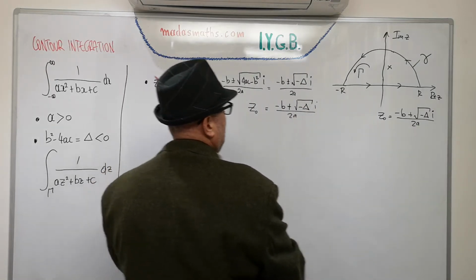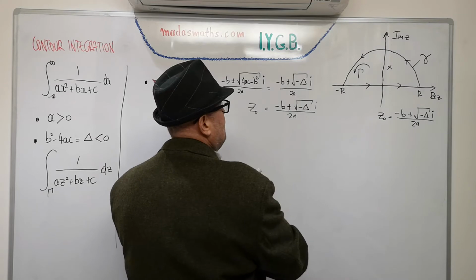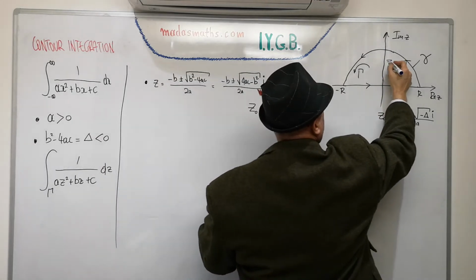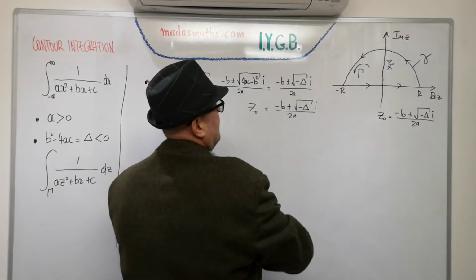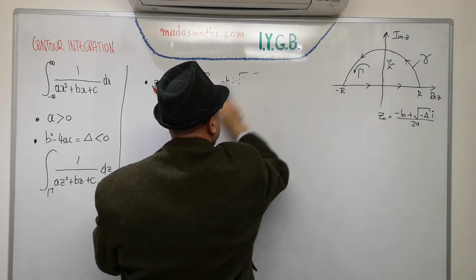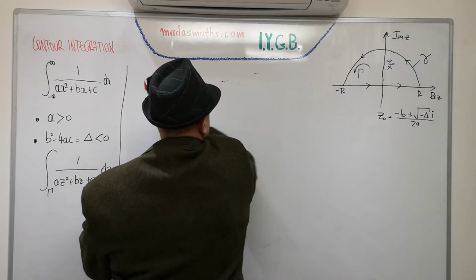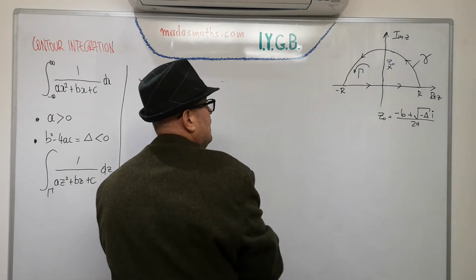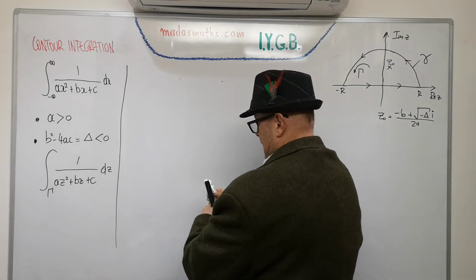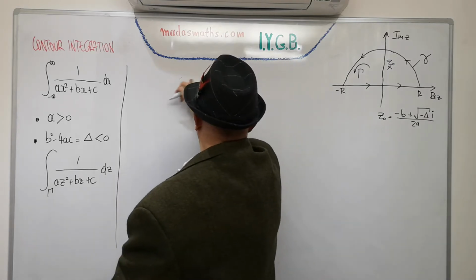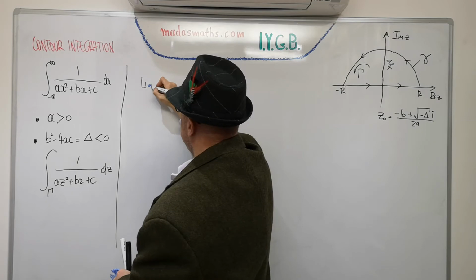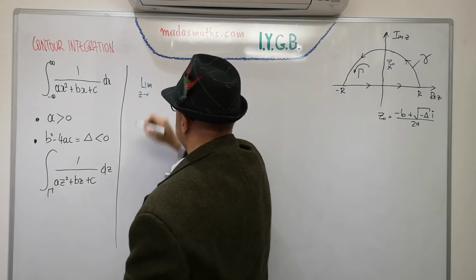So I hope we're all happy. This is our z0 up here, and it's inside my big gamma. So the next thing, of course, is to find the residue of this particular pole. The standard technique for this, since it's a simple pole, is the limit as z tends to z0.